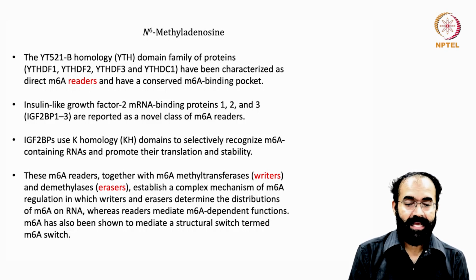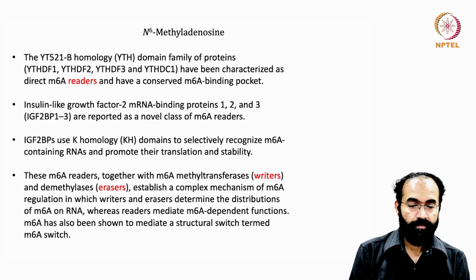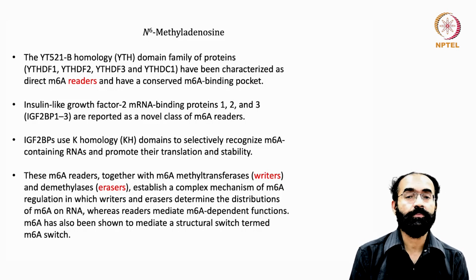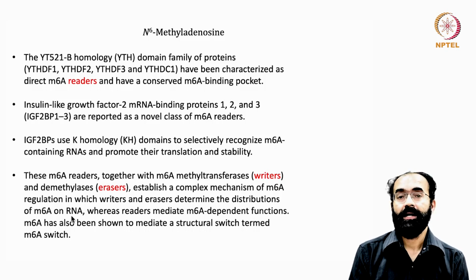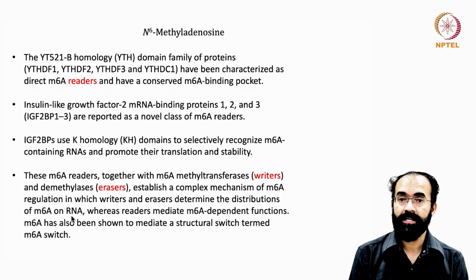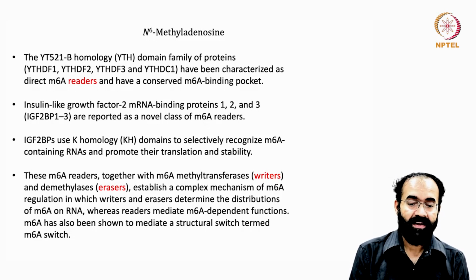These m6A readers, together with m6A methyltransferases, the writers, and demethylases, the erasers, establish a complex mechanism of m6A regulation in which the writers and erasers determine the distribution of m6A on a given RNA. Which A's should be modified, how dense the m6A should be in a given RNA has to be decided by these three, readers, writers and erasers. Whereas the readers mediate m6A dependent functions in general.